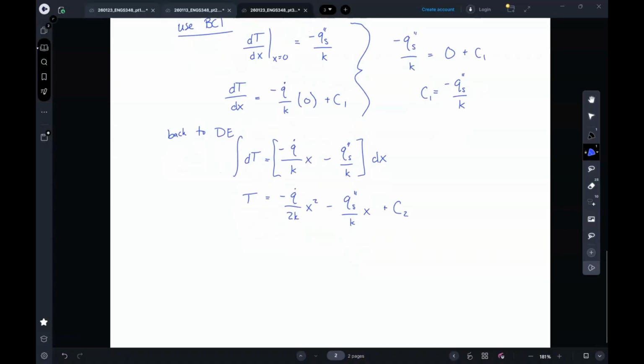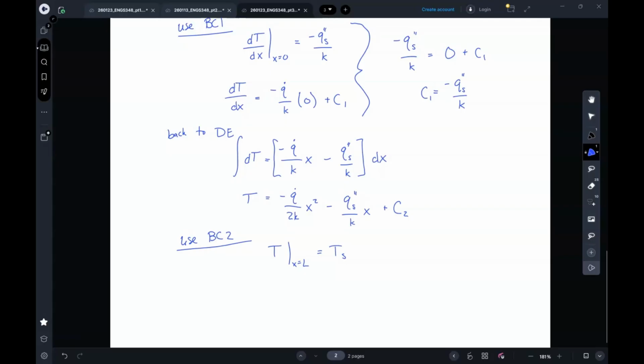Now what I have to do is use boundary condition 2, which is that the temperature at the other side at x equals L, the temperature at x equals L is equal to Ts. So I'm going to let you guys try to do that evaluation.